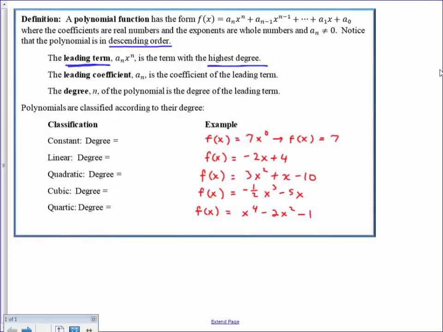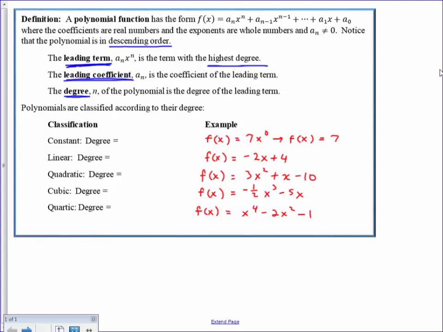The leading coefficient is the real number value that's in front of the x. So the leading coefficient would be specifically the coefficient on the term that has the highest degree. And then finally, the degree of a polynomial is the largest power that the polynomial has.